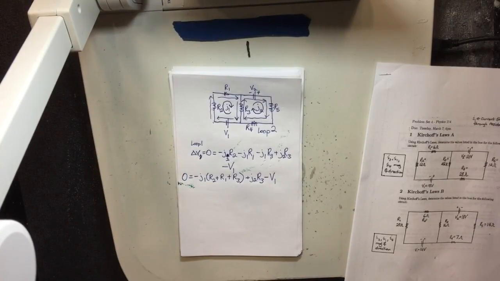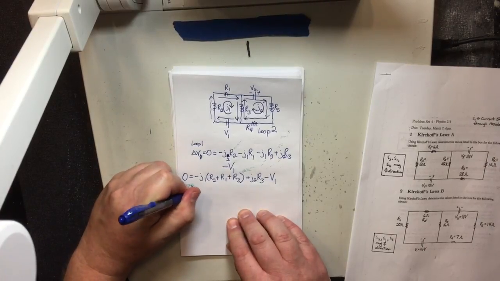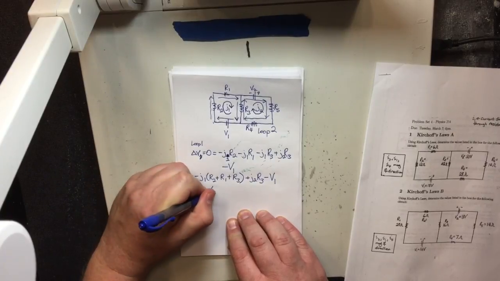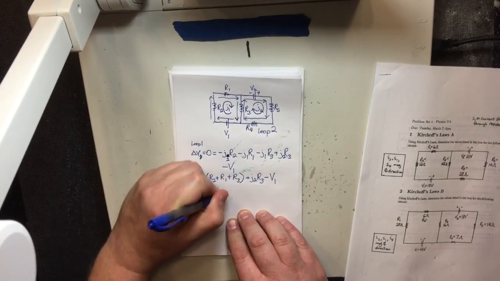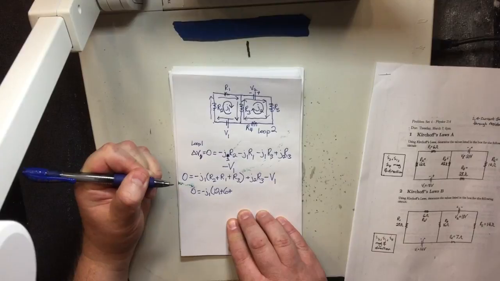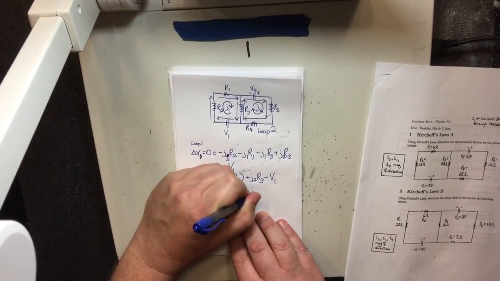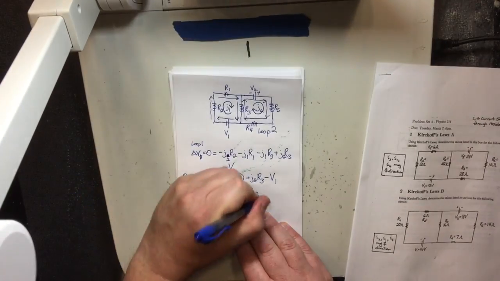And in one of the few moments where I actually say plug and chug is a good thing, this is it. So rather than slugging around all those R's and V's, plug in the numbers right now. 0 equals minus J1, R2 is 12, R1 is 6, R3 is 42.